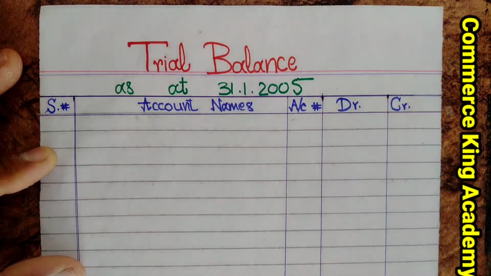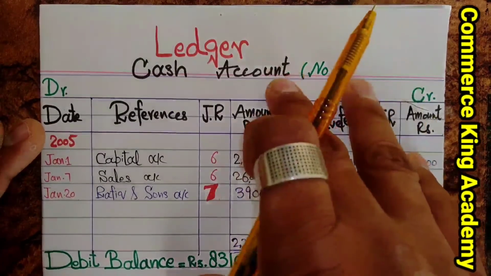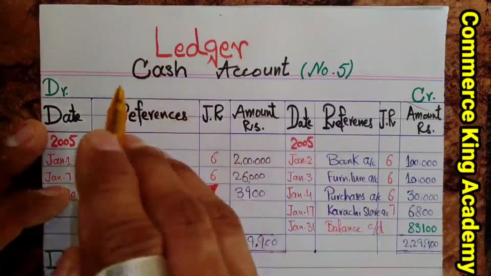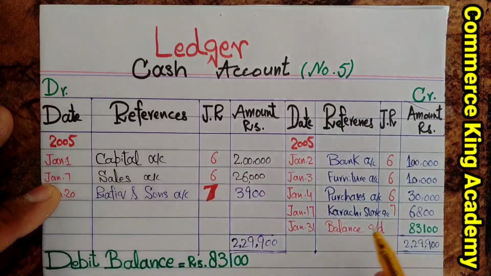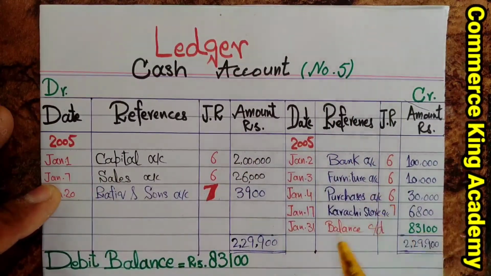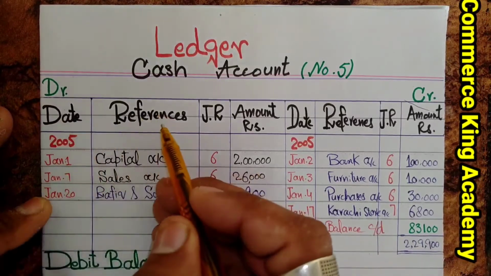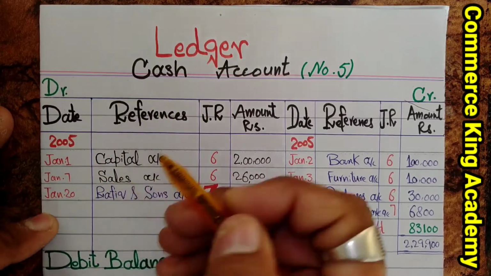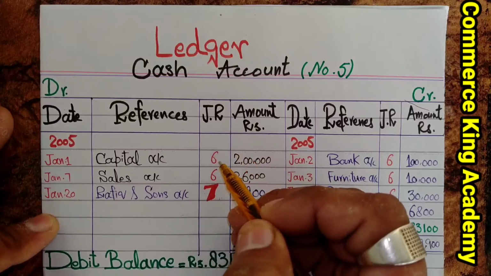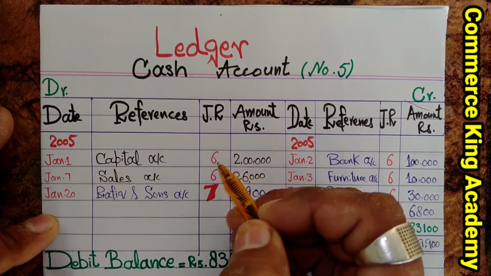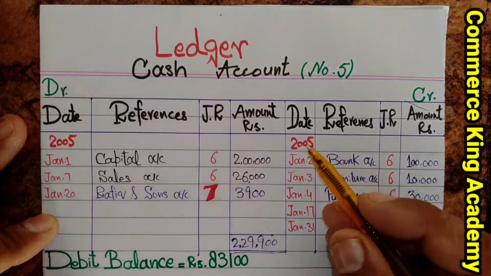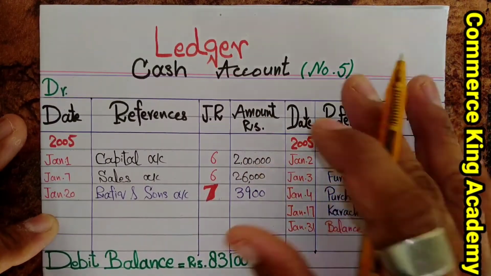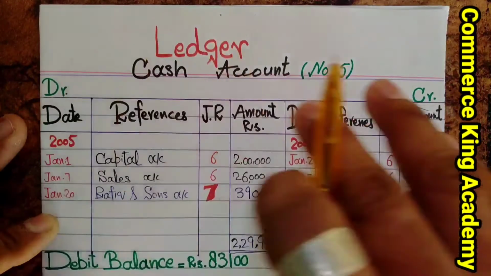Okay, this is our first ledger account, the cash account, ledger folio number 5. These are its workings. Date column, references. Journal reference means the page number where the journal entry is recorded. Same as amounts. This side is the debit side, this side is the credit side.